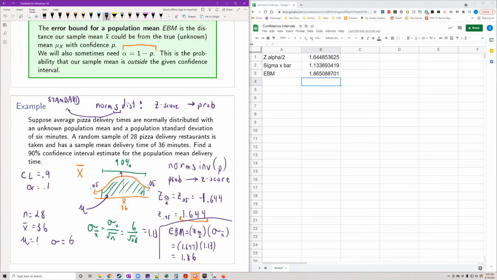Visually on the graph, what that means is we've got the size of one standard deviation and this is 1.64 of those standard deviations, giving us a total distance of 1.865 going in either direction.